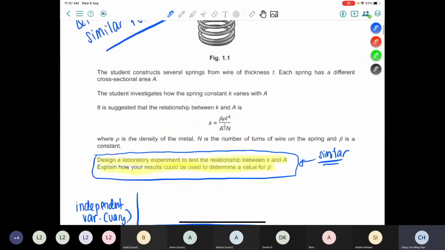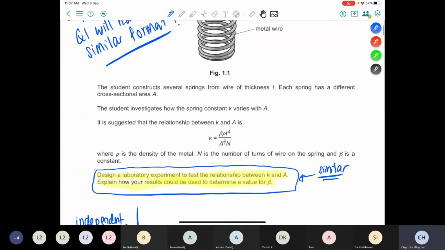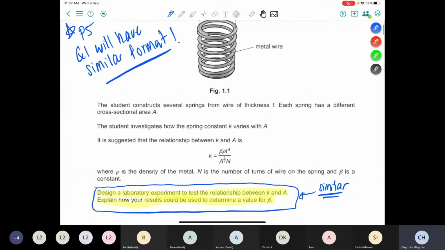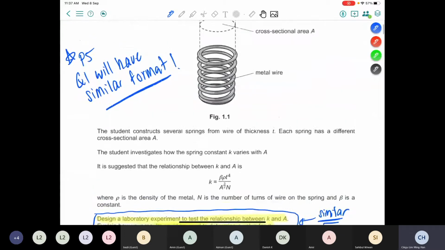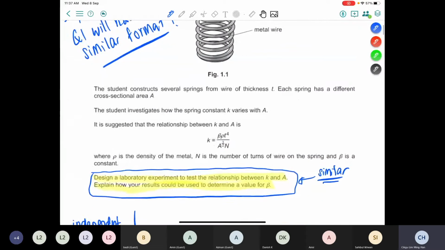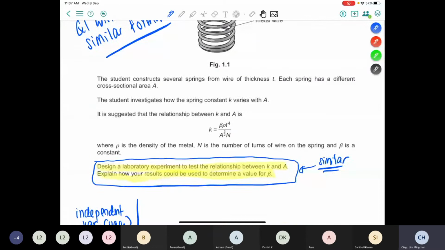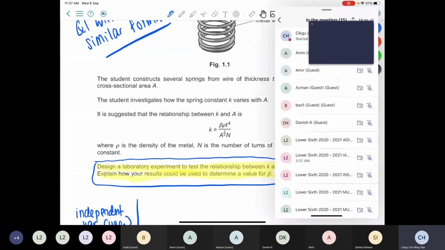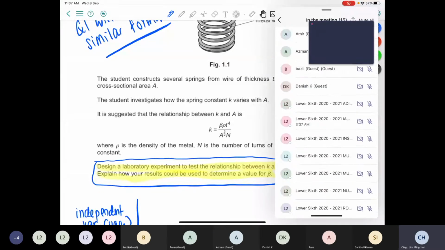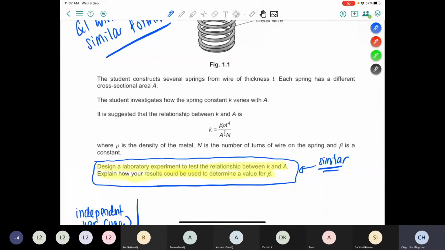I'd like everybody to read the question first. I'll give you maybe 1 minute. If you got the file I shared with you just now, you can have a read at this question first. After that, I'll ask some of you to tell me what you think are the variables that we have to choose. 1 minute from now, read first. I'll come back later on.